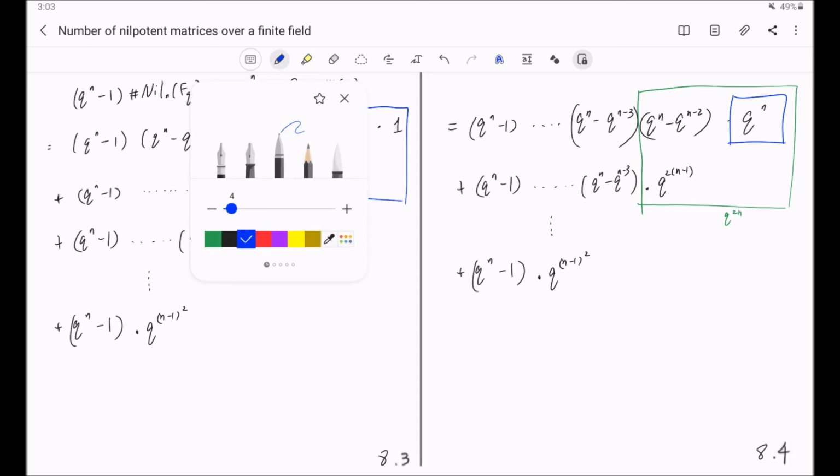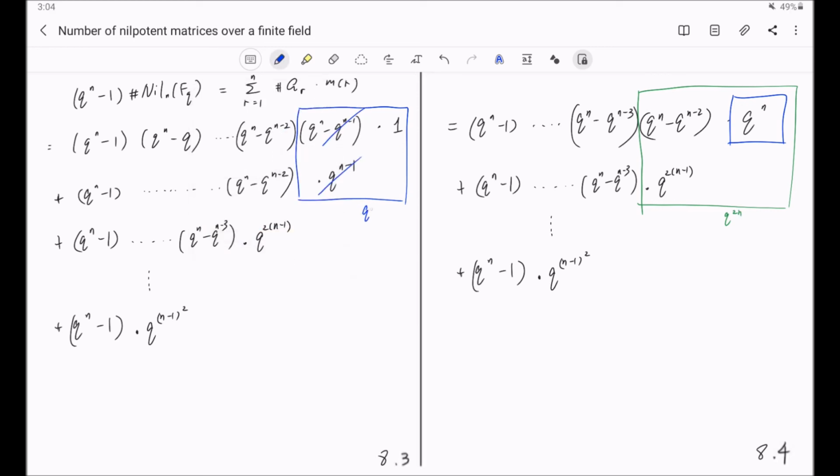Previously, in this blue box, you get q raised to the power n. And now the calculation in the second step tells you, you get this tail part added up to be q raised to the power 2n. And you probably have already noticed the pattern. So you will continue this procedure.